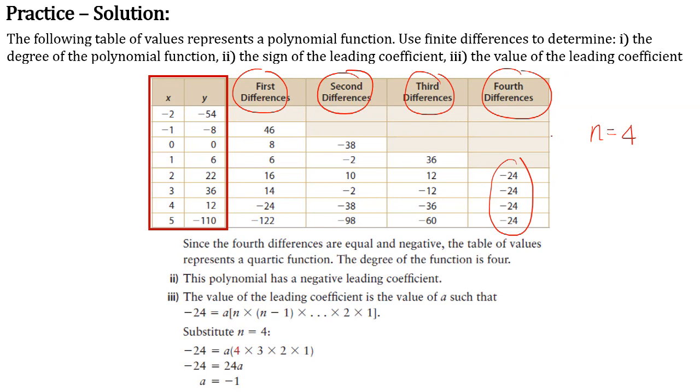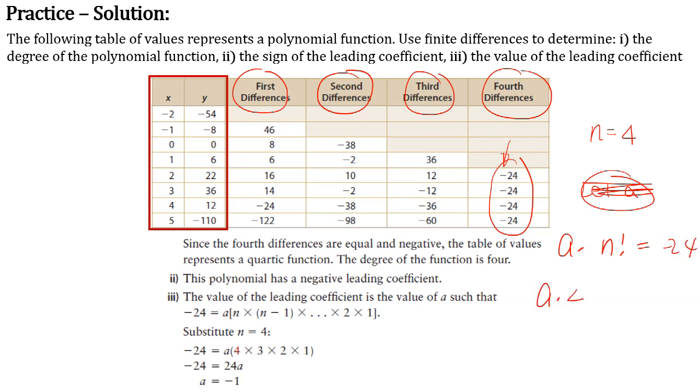Also, the polynomial has a negative leading coefficient because minus 24 here has a negative sign, right? And also we can calculate the value of the leading coefficient. Let a denote the leading coefficient, and then we know a times n factorial equals the constant differences, which is minus 24, right?